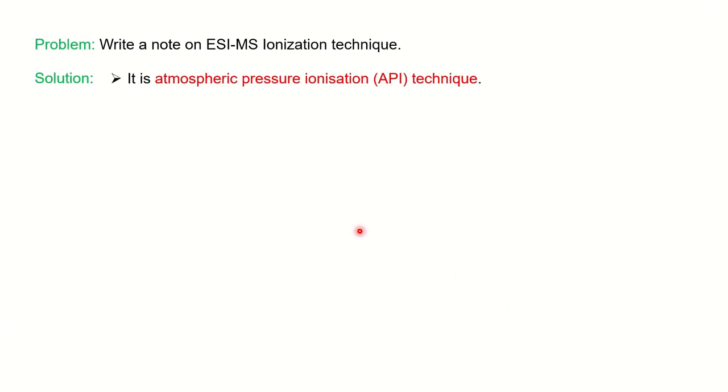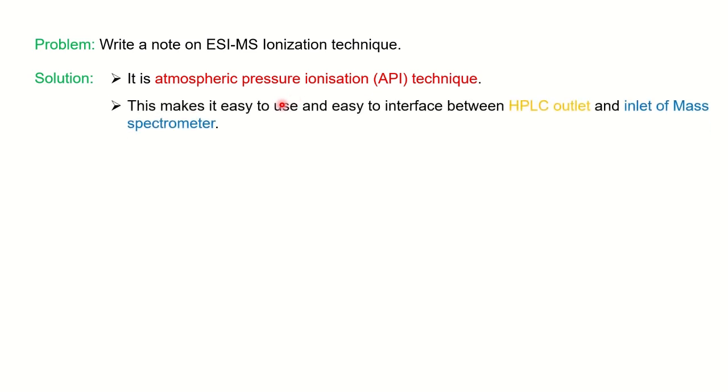So first of all, the basic information about this technique is that it is an atmospheric pressure ionization technique, API technique. What is the difference? How does it differ from the other ionization techniques? Other ionization techniques work at high pressure, while ESI, electron spray ionization, works at atmospheric pressure. And so it is very easy to interface between the HPLC and the mass spectrometer.